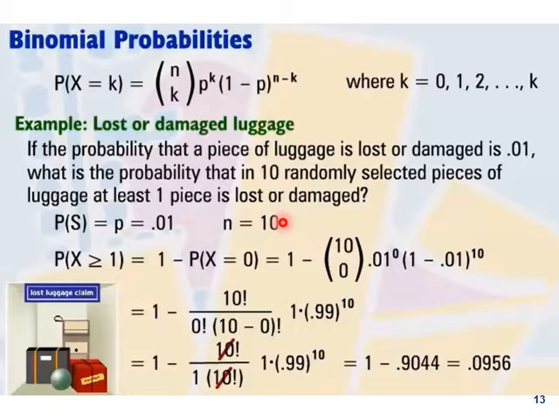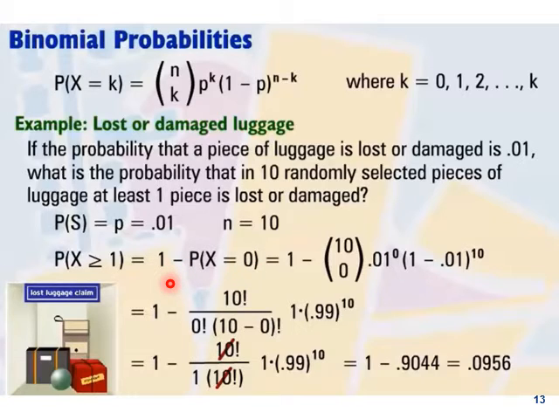The number of trials is 10 because we are selecting 10 pieces of luggage. We want to know that at least one piece is lost or damaged, so we have to find X greater than or equal to 1. If we can find the probability of X equal to 0 and subtract it from 1, we can get it.